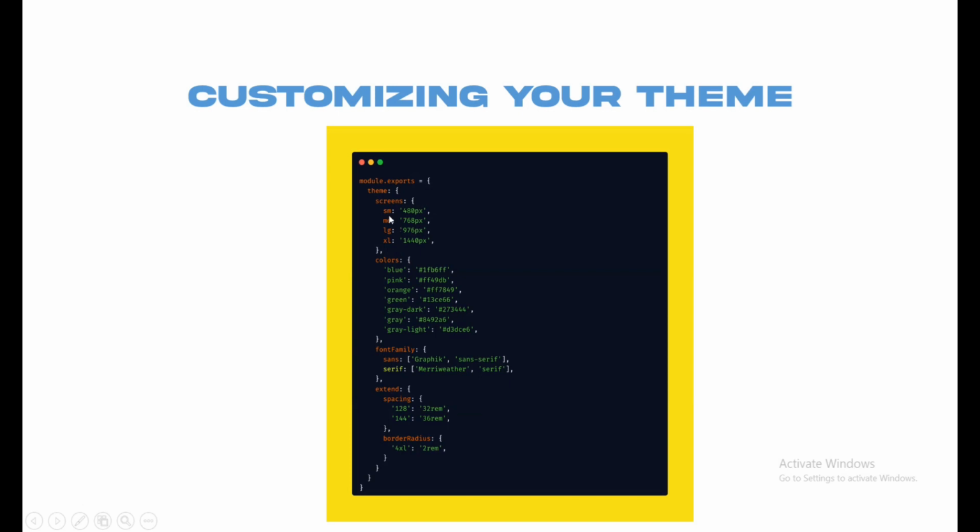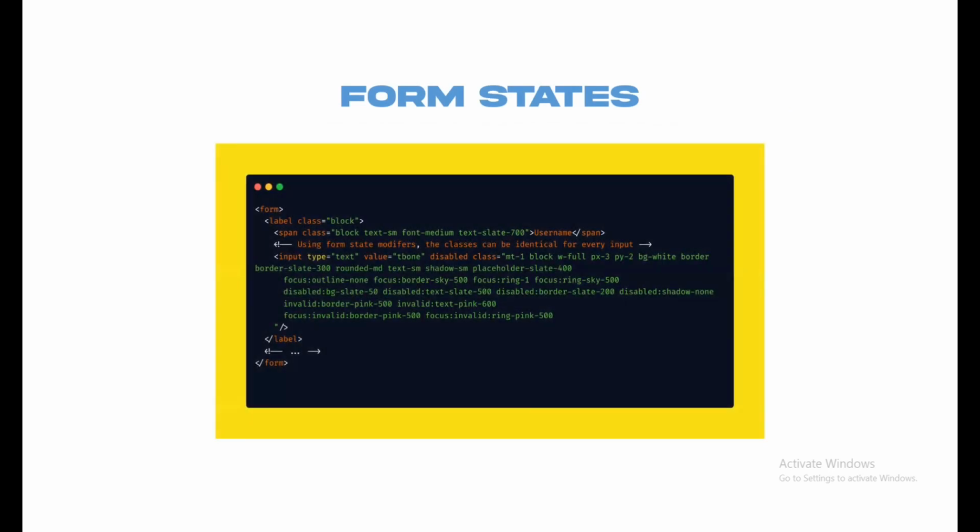Normally small mobile screens are 640, but you can customize it to 480 pixels. Form states, as I said earlier, you can customize using disabled states, focus, valid and invalid.